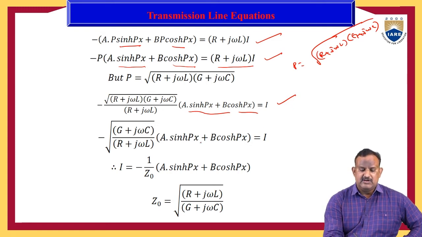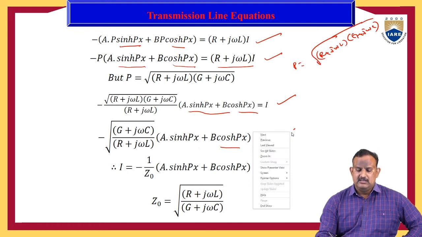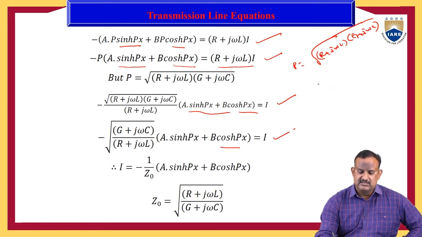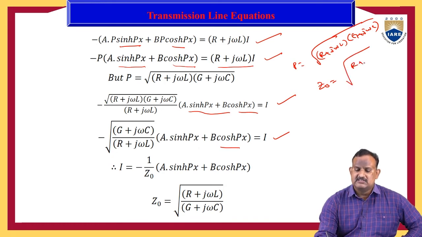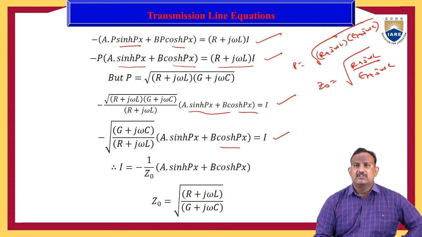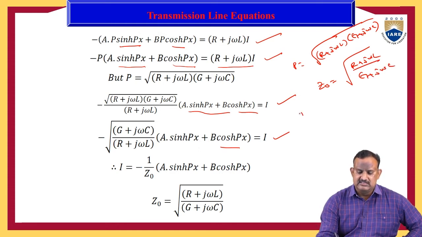So the equation can be modified as minus root of (G plus j omega C) by (R plus j omega L) into (A sin hpx plus B cos hpx) is equal to I. Here we have the characteristic impedance Z naught, equal to root of (R plus j omega L) by (G plus j omega C). Therefore, the equation can be modified as I is equal to minus 1 by Z naught into (A sin hpx plus B cos hpx).